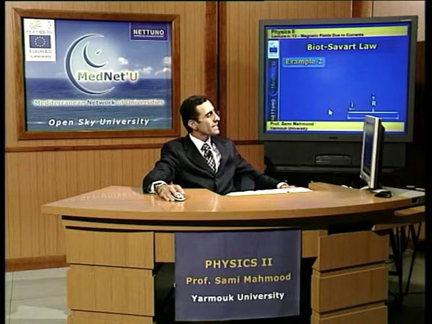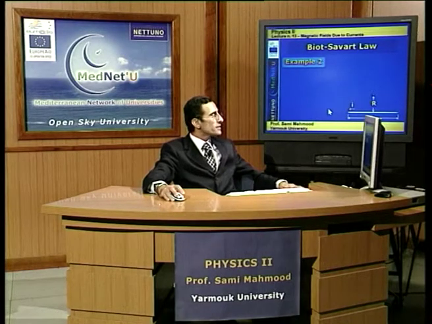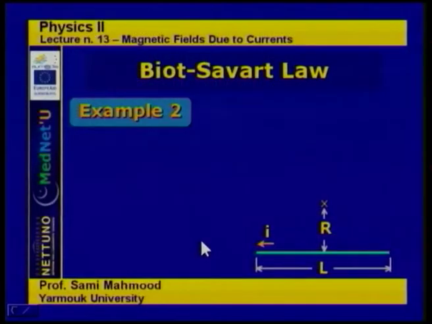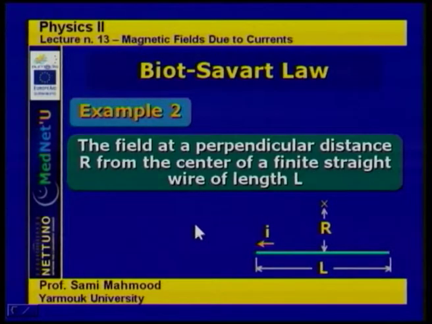And now, as a second example, we consider the same wire of length L, but now we are interested in finding the magnetic field at a distance capital R from the center of the wire, in a direction perpendicular to the length of the wire, just like the way it looks in the figure.